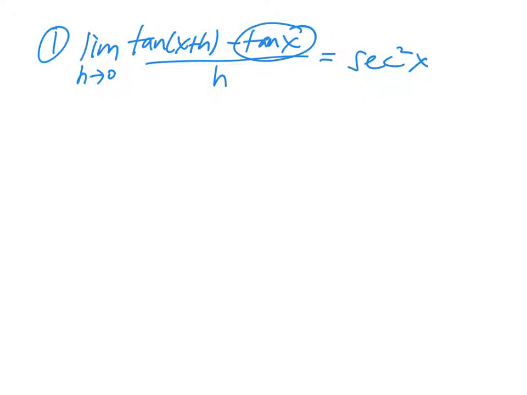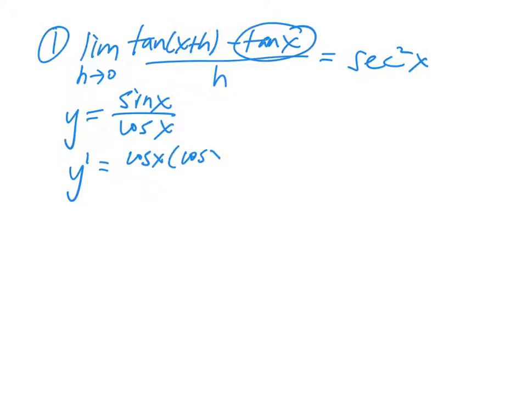Now what happens if you can't remember that? Then you've got to reinvent the wheel. Tangent is sine over cosine. So to compute the derivative of that, you have to use the quotient rule. Low d high, which is cosine x, minus high d low, which is negative sine x, all over denominator squared.